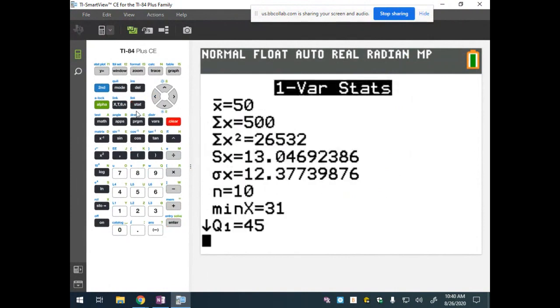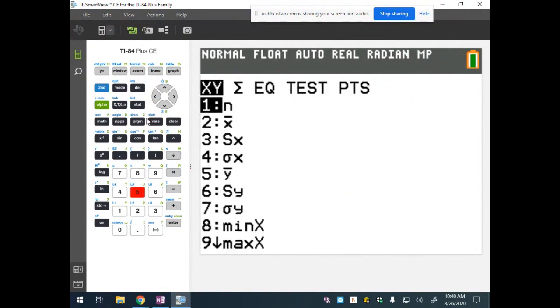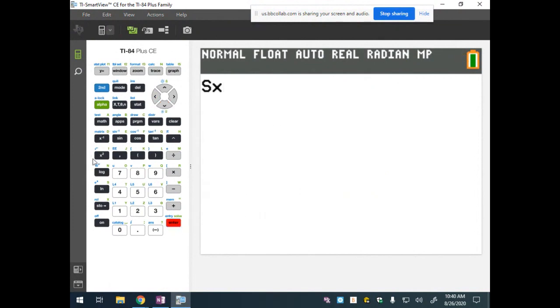let me think here for just a second. Yeah, VARs and statistics. If we do Sx, now this is the sample standard deviation. It is the square root of the sample, what? Starts with a V. Variance.